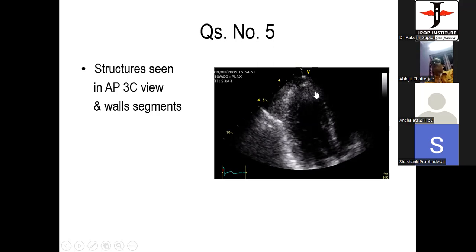This is very similar to the parasternal long axis. Only the picture has been rotated upwards. And what are the other segments of the LV that you can see? The inferior segment, sir. So inferior basal, inferior mid. Basal, mid, and apical.